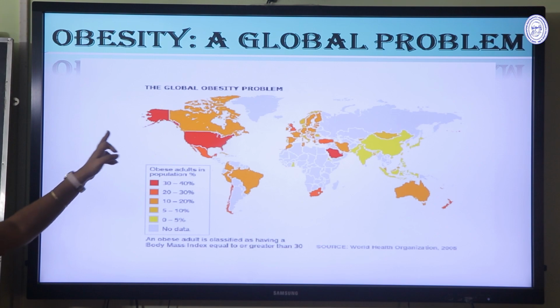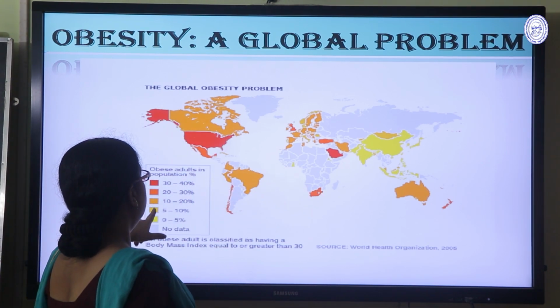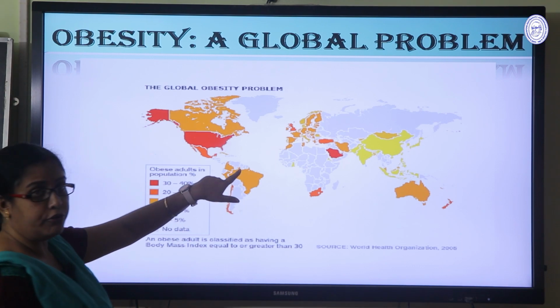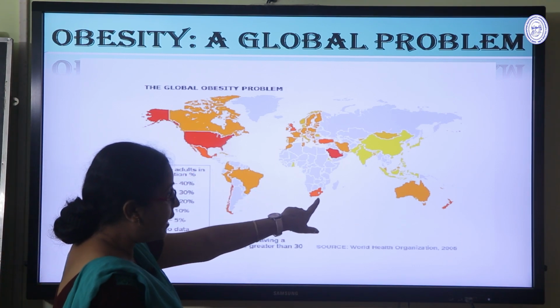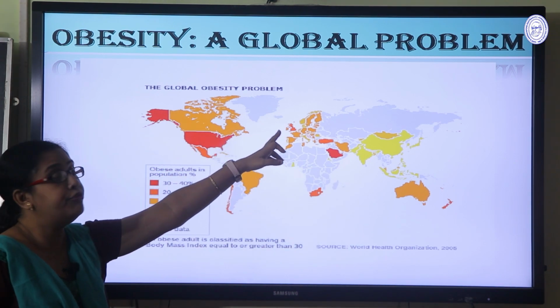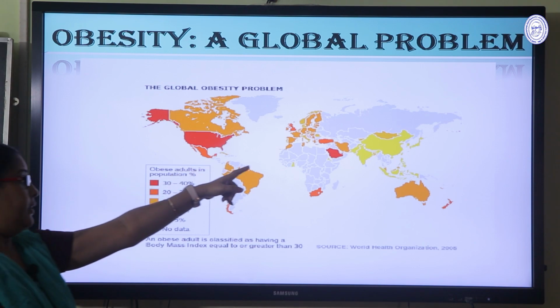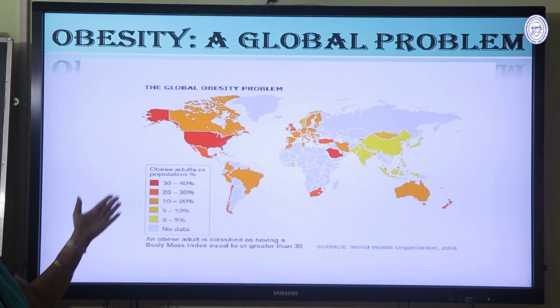Whereas in parts of South America and North America, a part of South Africa, Australia, etc., and parts of European countries, 10 to 30% of the total population are suffering.